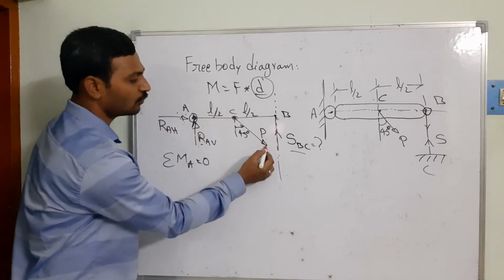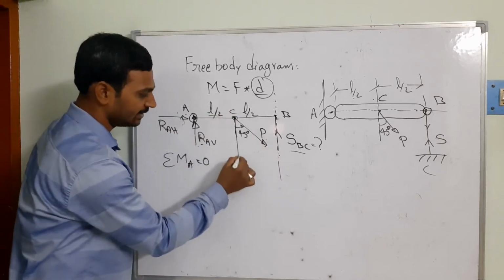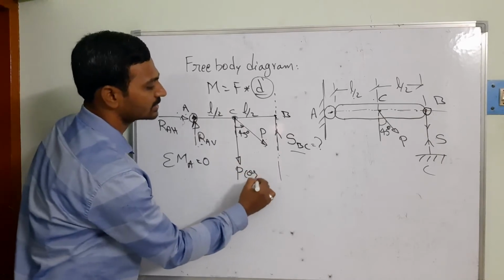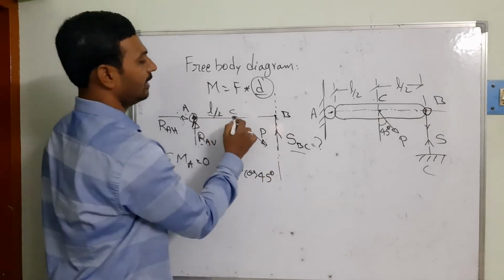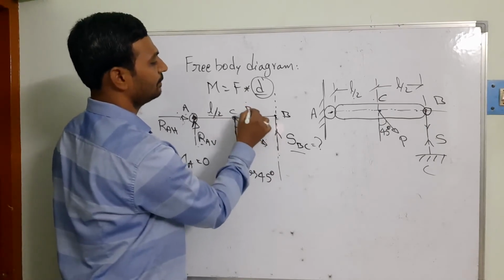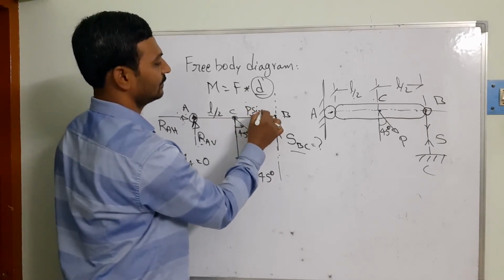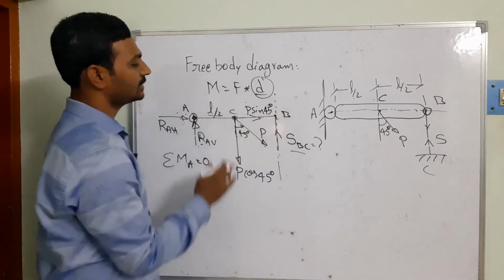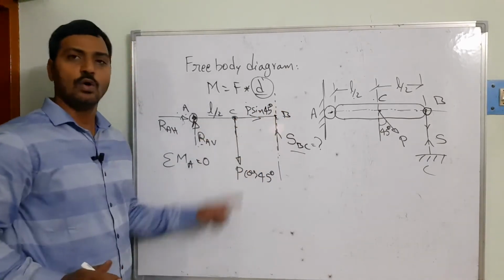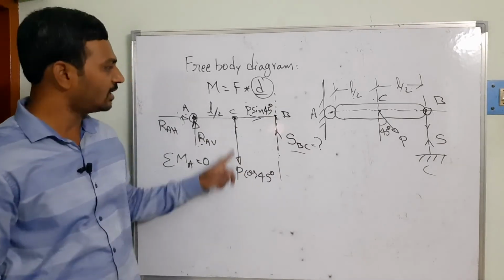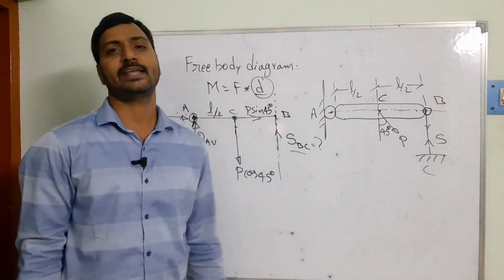If I resolve the force P, the vertical component is P cos 45 degrees, and the other component, moving in this direction, is P sin 45 degrees. The same force has been resolved into two components: one vertically downward, and one towards the right side.